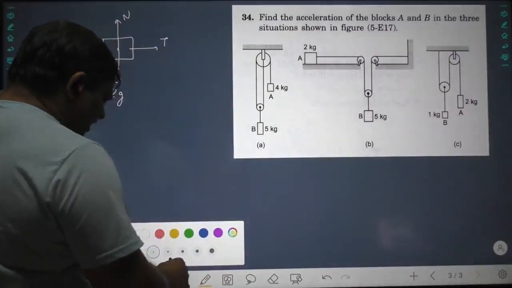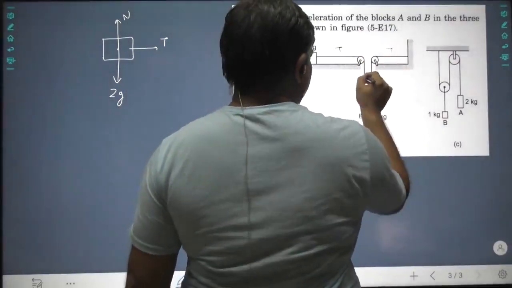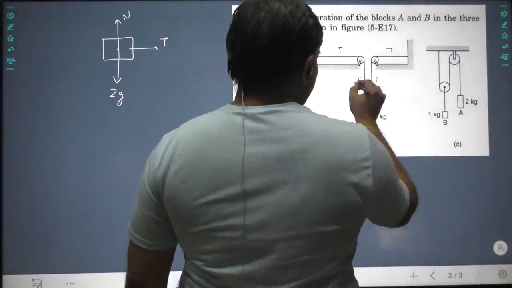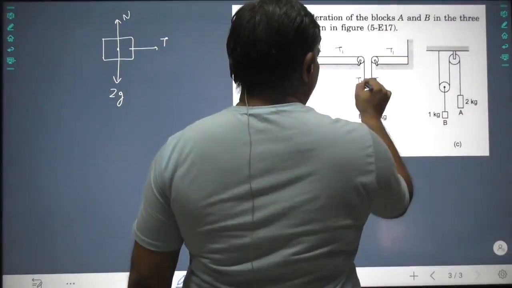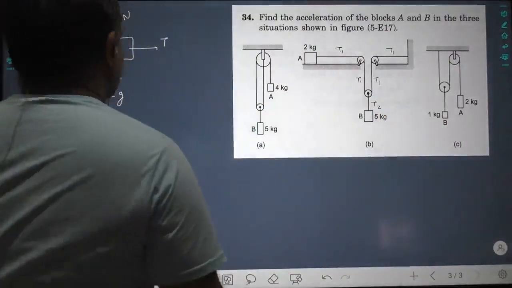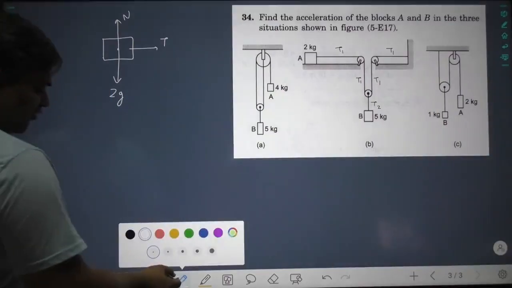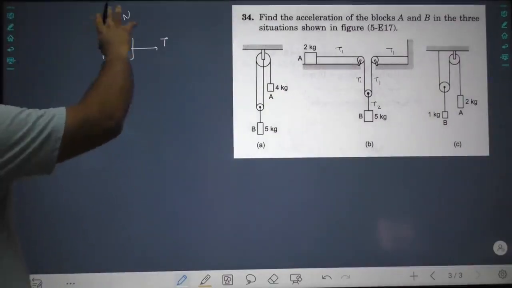Along a string, tension cannot vary. So this is T, the tension everywhere is T. Let's call it T1. And along this string, the tension is T2. So this is the free body diagram of forces for block A. How many of you got it right?